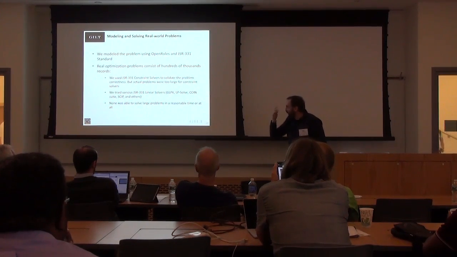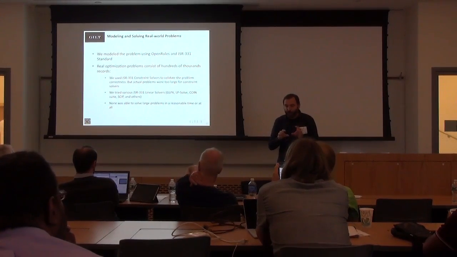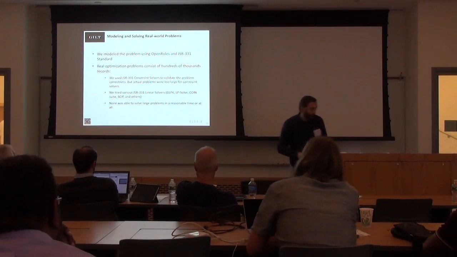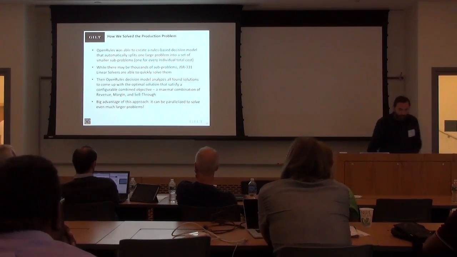We use constraint solvers to validate the problem's correctness and to find a local solution for every fixed total. Then, having all those solutions, we pick the ones that satisfy the objectives that are set by business users.